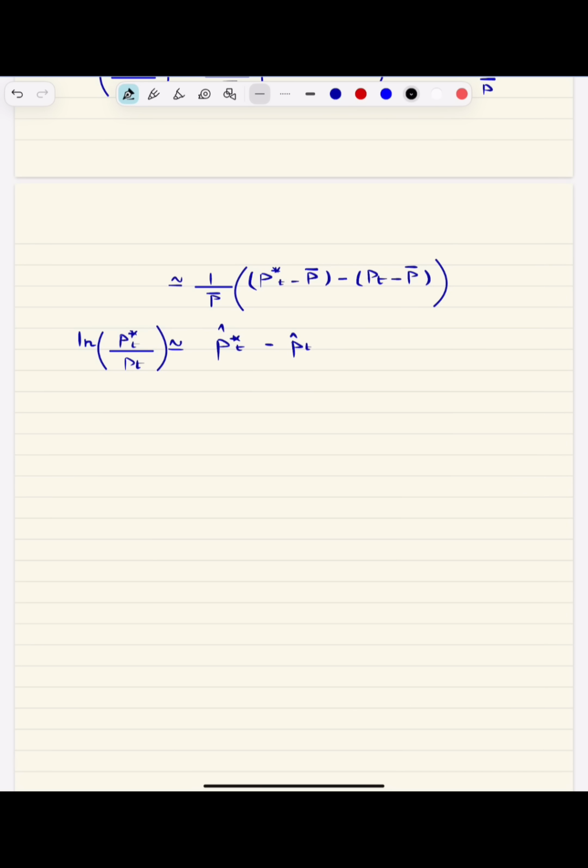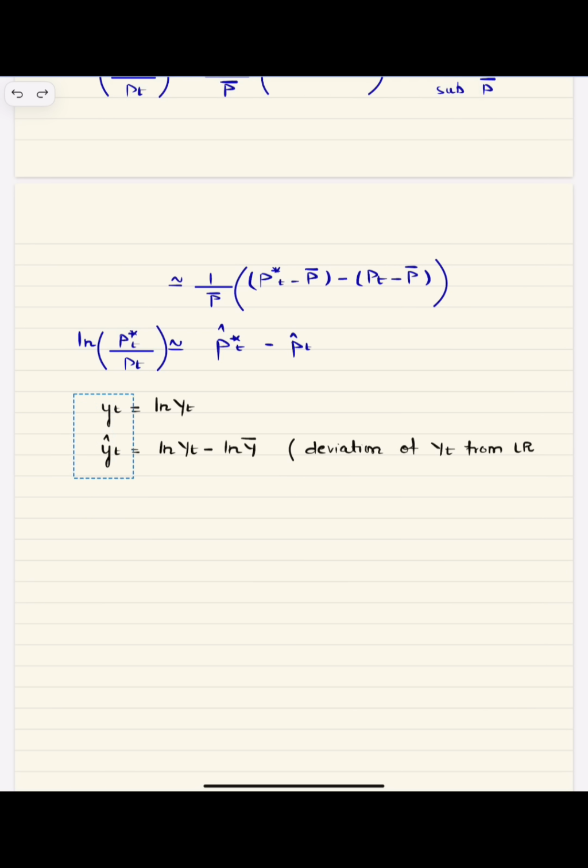If I say the small y, for instance, is usually the log of the aggregate value, and if I say y hat t, that is just ln y t minus ln y bar, and this shows the deviation of output from the long run level, and in this case the long run level was y bar.